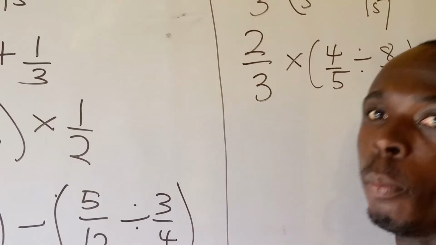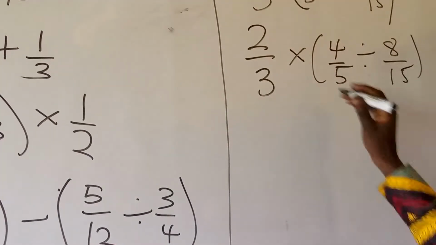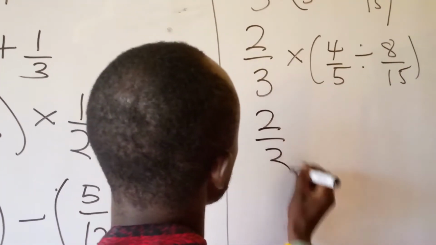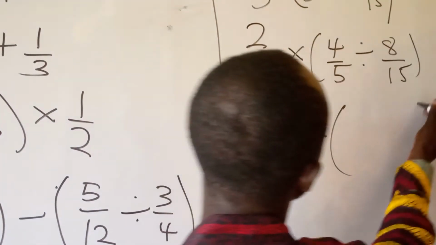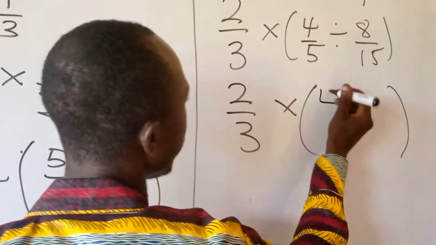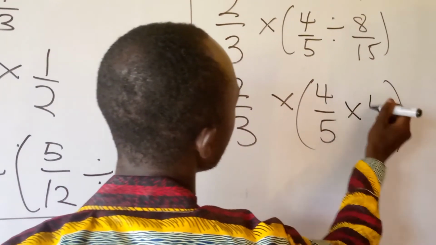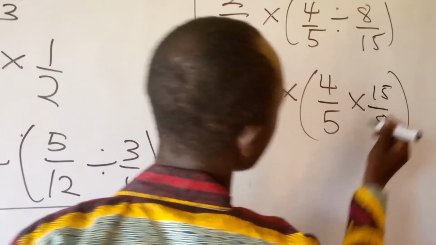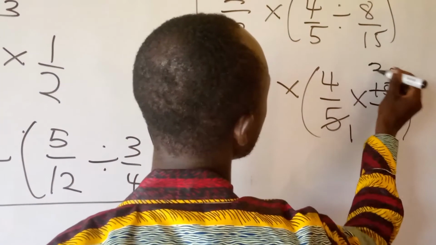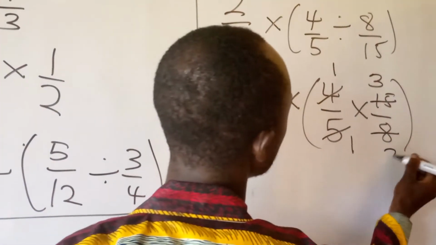And always in BODMAS we group it into two fractions. So it becomes 2 over 3 times, to change this one to multiplication, we find the reciprocal of the second fraction, and this becomes 15 over 8. 5 goes here 1, 5 goes here 3, 4 goes here 1, 4 goes here 2.